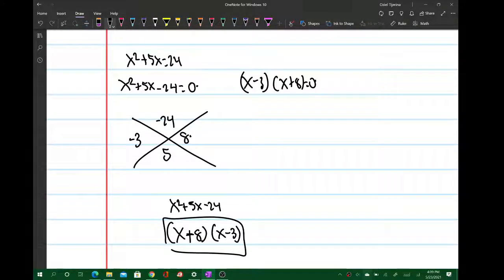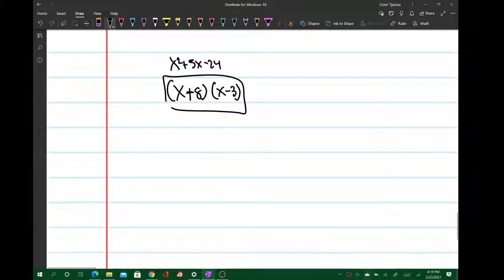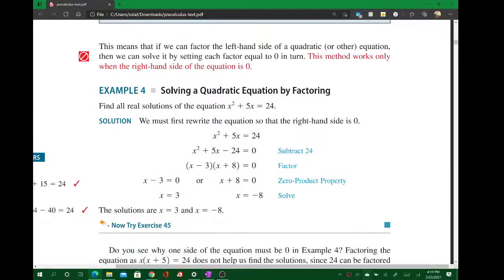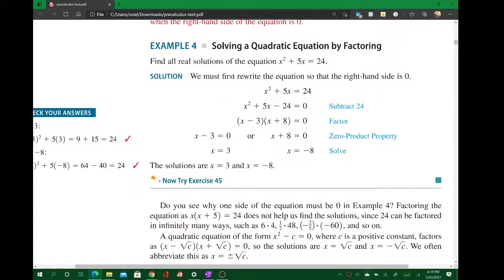So you see how this was done with me having to actually think about it. It is possible to train your brain to think about it without doing the Xbox, as long as your x squared has a leading coefficient of 1, meaning that a equals 1, right? So as you can see, the solutions are x equals 3 and x equals negative 8.